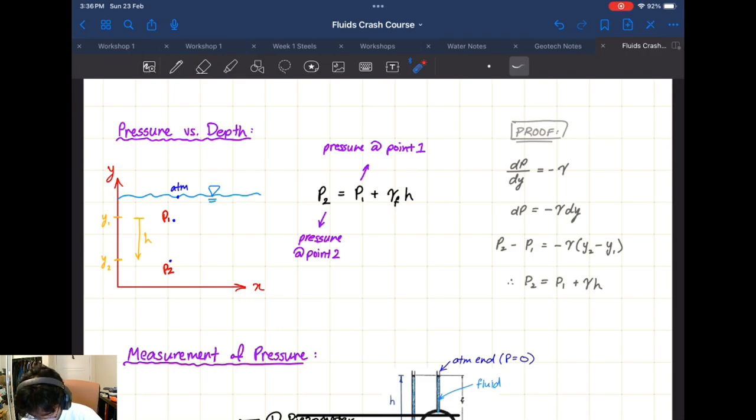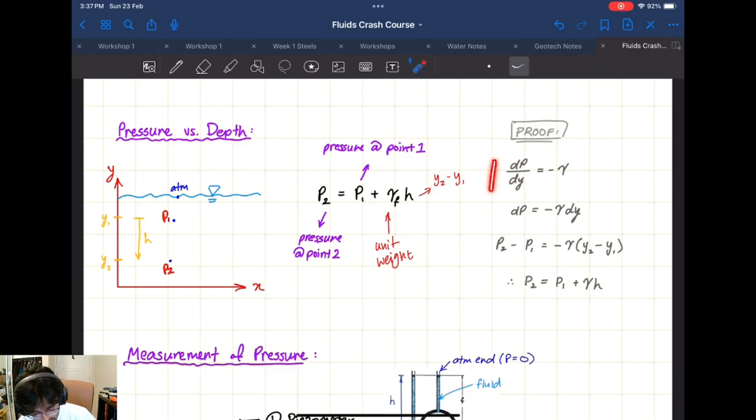The pressure at point 2, which is a bit deeper than point 1, is equal to the pressure at point 1 plus the unit weight of that fluid multiplied by the height difference. So our height difference is just y2 minus y1, or just h, because they've given us h like that. So the pressure at point 2 is equal to the pressure at point 1 plus the unit weight times h.